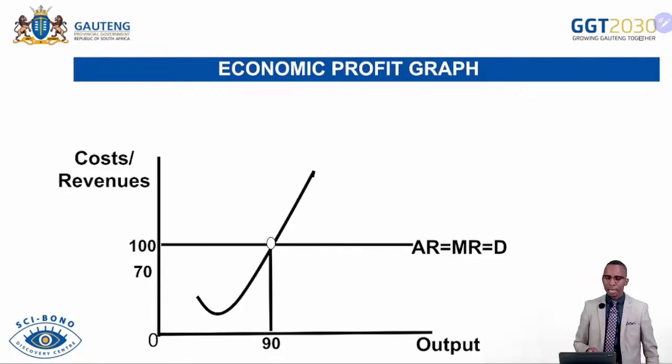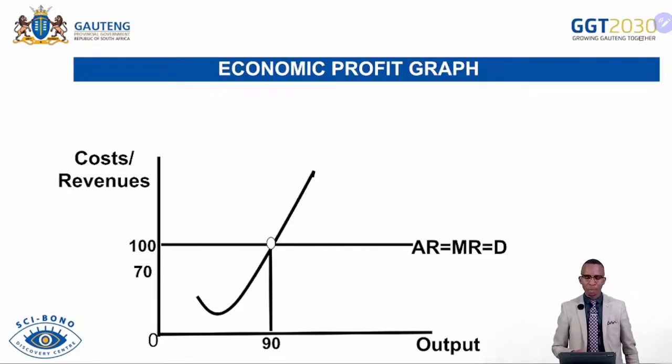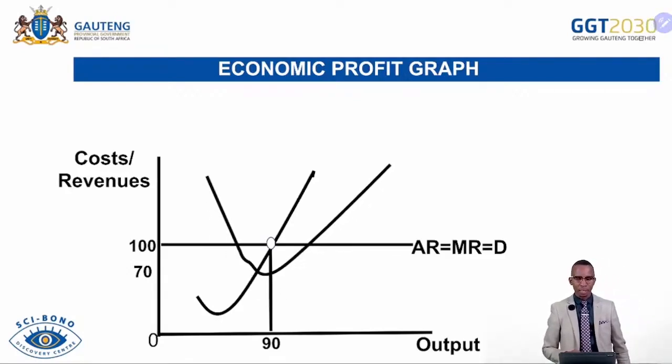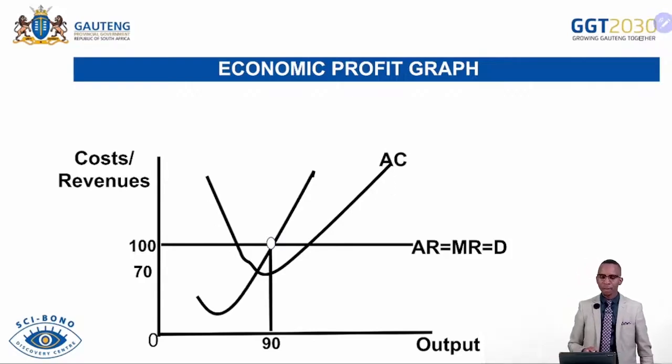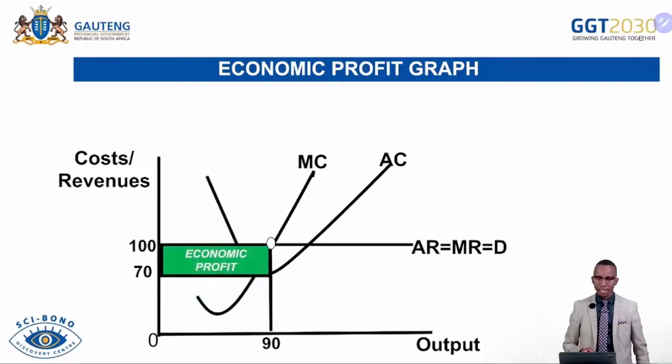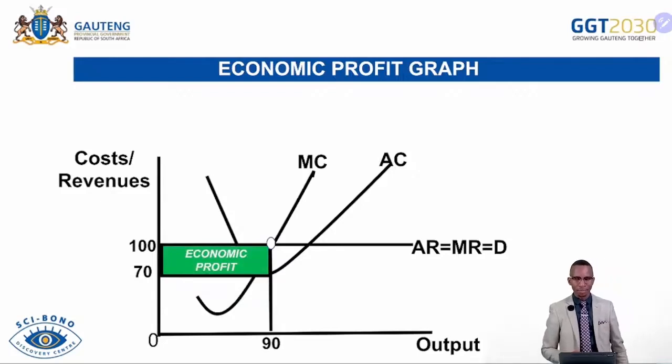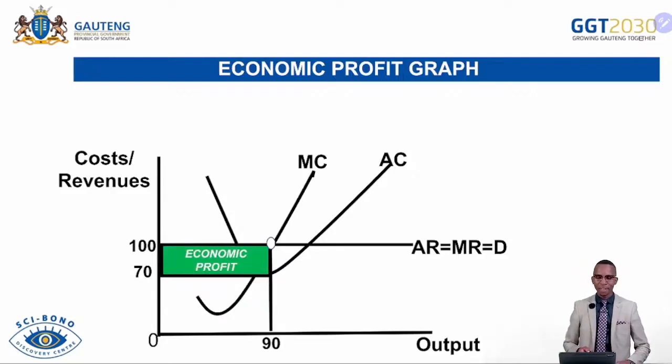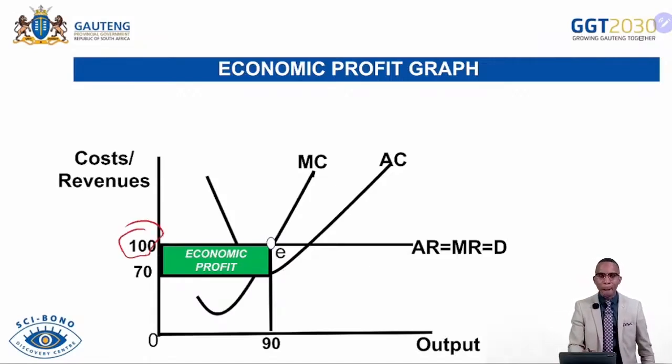The revenues are equal to 100, the cost will be 70. Let's see what happens. There you go. That is our average cost, and that's our marginal cost. That is the shaded area box now. Now, this firm is making supernormal profit. Why? Because the revenues earned in the business are more than the costs that have been incurred in the business.